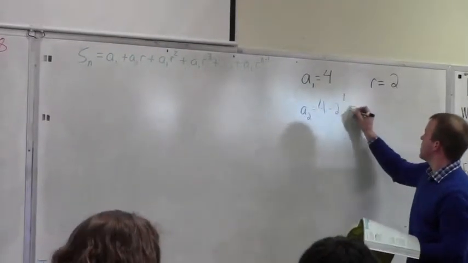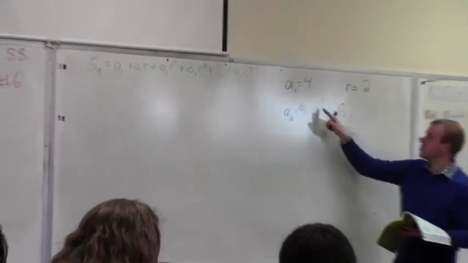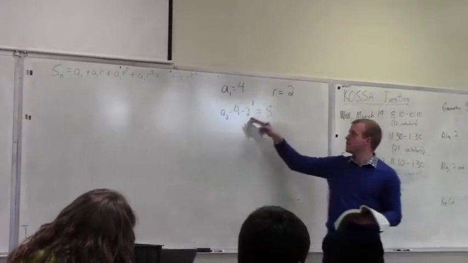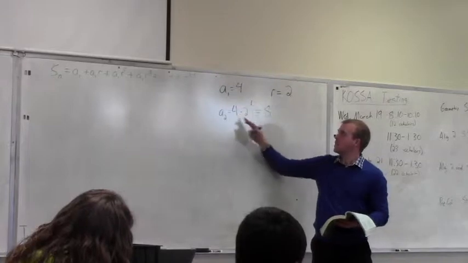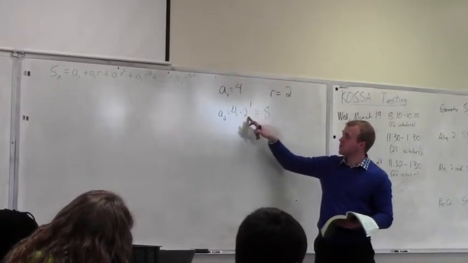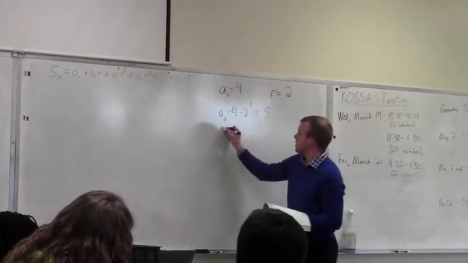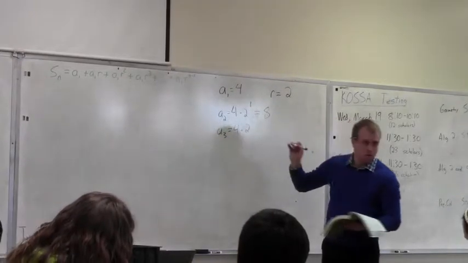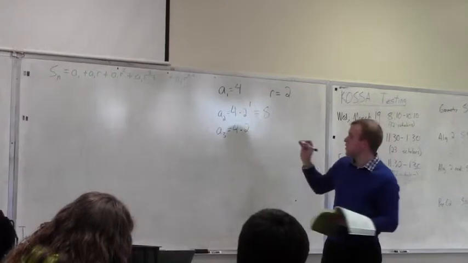A sub 2, Sammy. Fill in that blank for me. Okay, so 4 times 2 to the first power is 8. Remember, if we're doing order of operations, we have to do 2 to the first and then multiply by 4. So 2 to the first is 2 times 4 is 8. Okay, A cubed. Devin, what do I need? Oh yeah, 2.